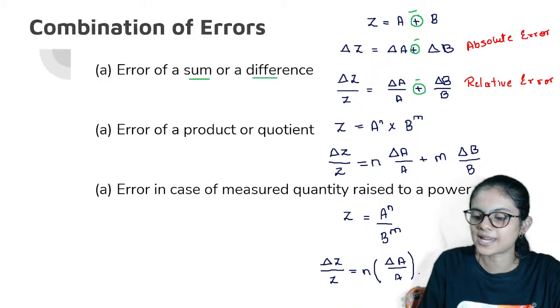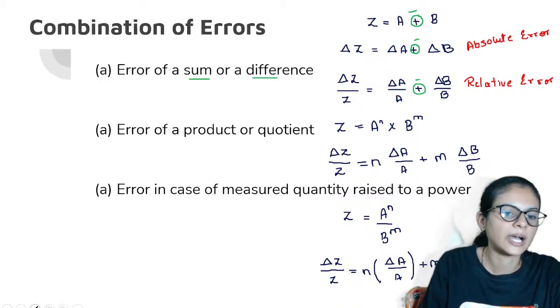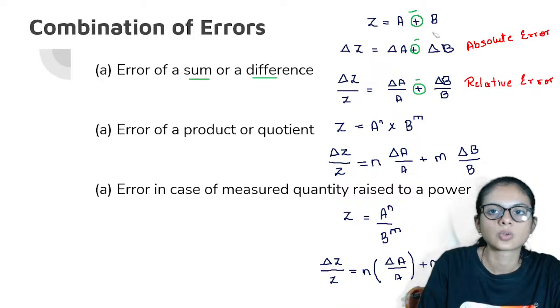It is again a plus sign here. Clear? Plus m into delta b by b. So if it is minus also, it will be plus.